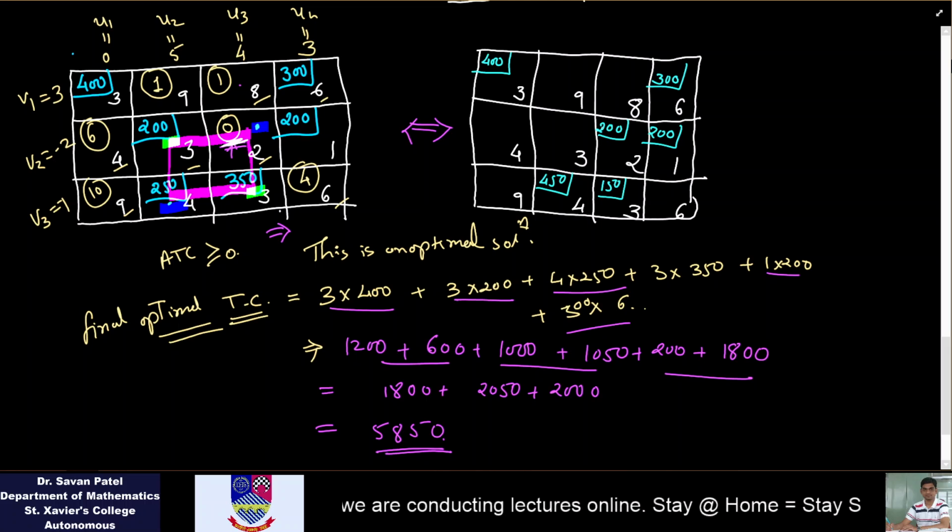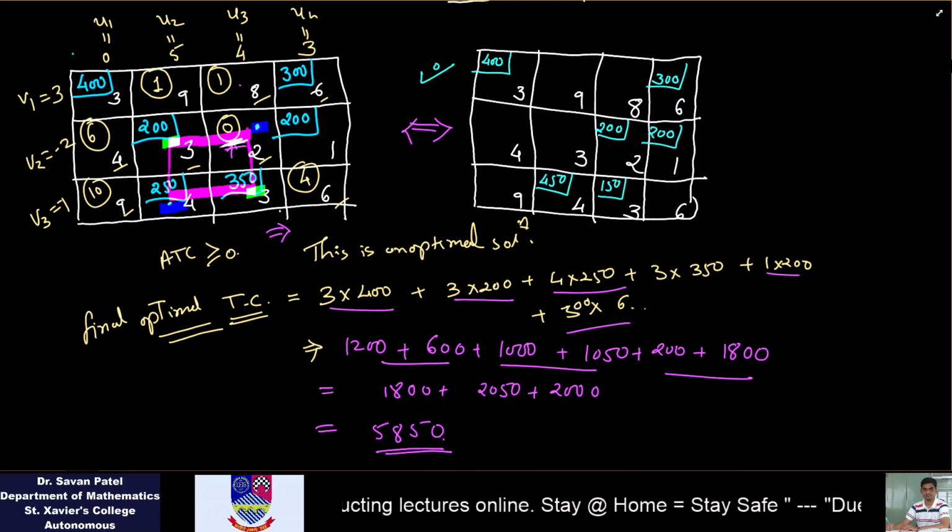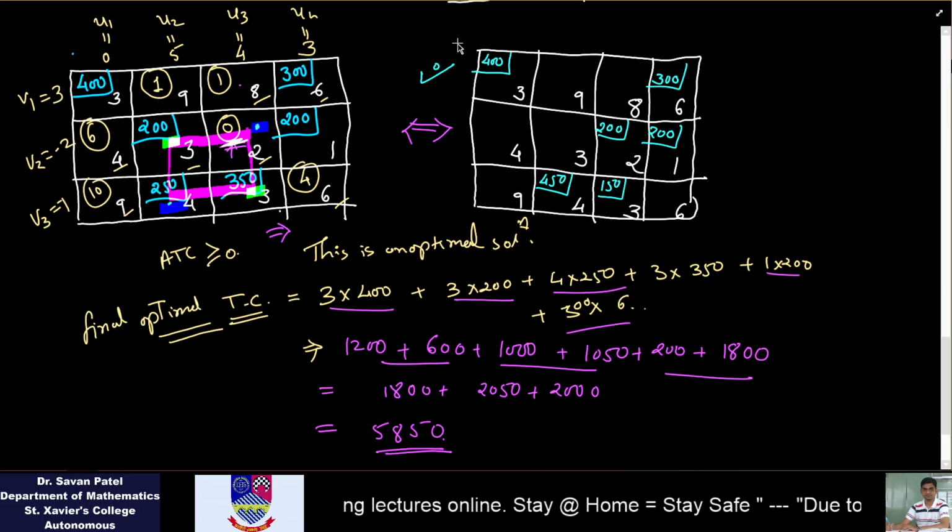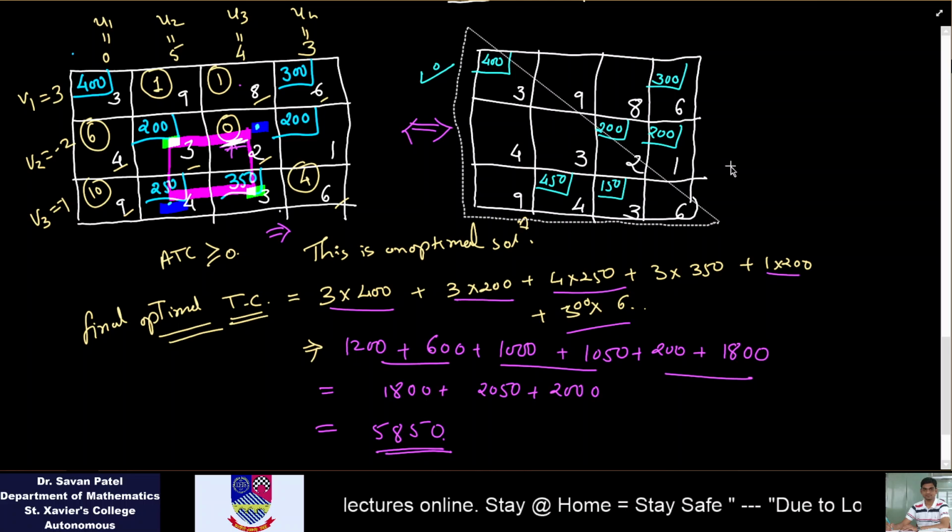There is no need to find out the additional transportation cost because anyhow this is your optimal solution. But let's say the cost is the same as the previous one. So for that, let me copy this table and move it down so I can calculate the transportation cost.